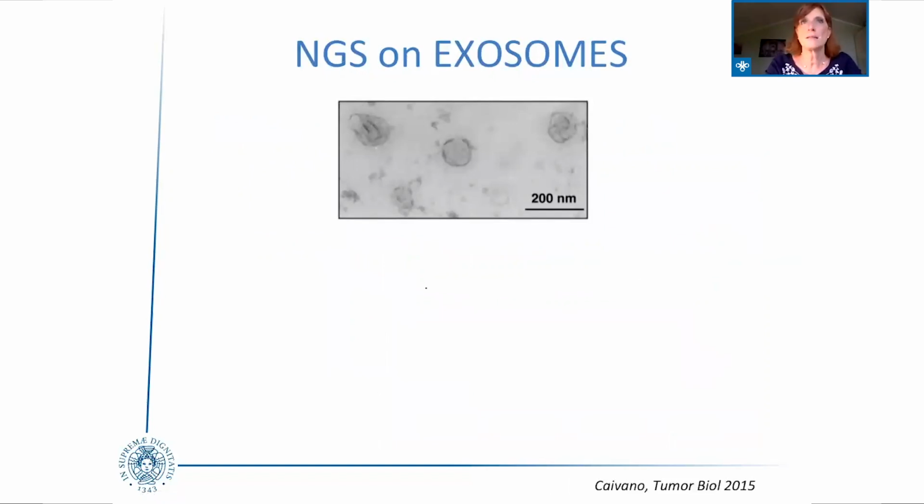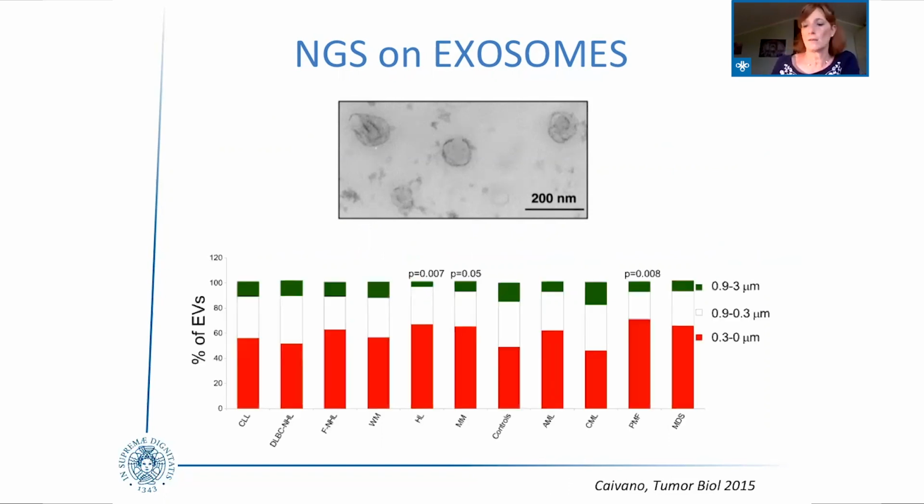Exosomes are extracellular vesicles useful for understanding the dissemination of solid cancers, but exosomes are also produced by hematological diseases, such as chronic lymphocytic leukemia, or myeloma, or non-Hodgkin lymphomas.